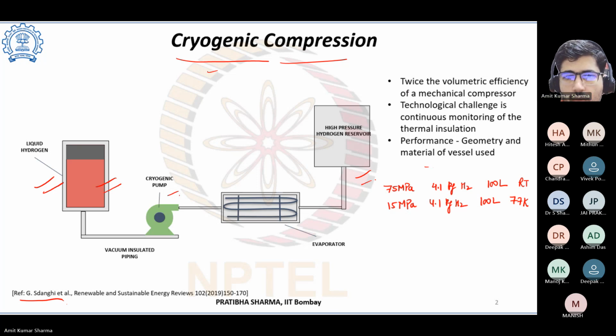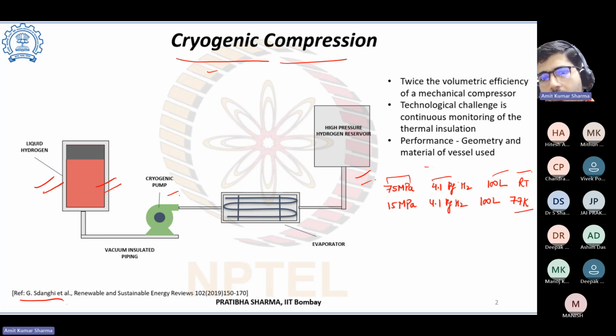So here you can see at room temperature, 4.1 kg of hydrogen at 75 MPa has a volume of 100 liters.